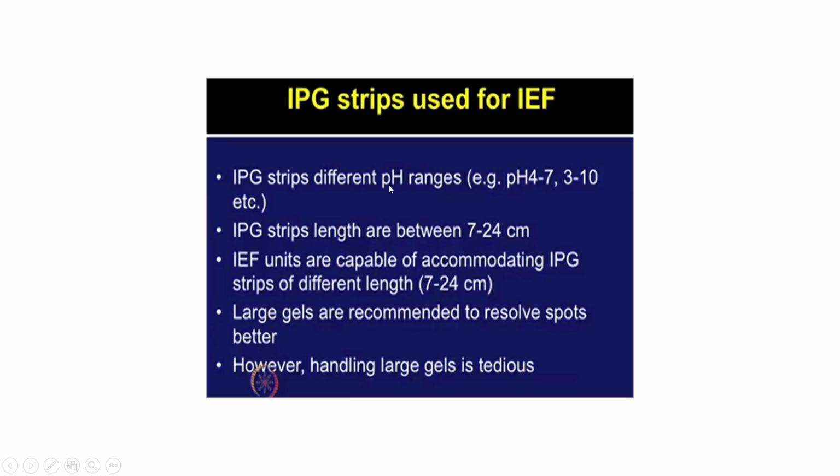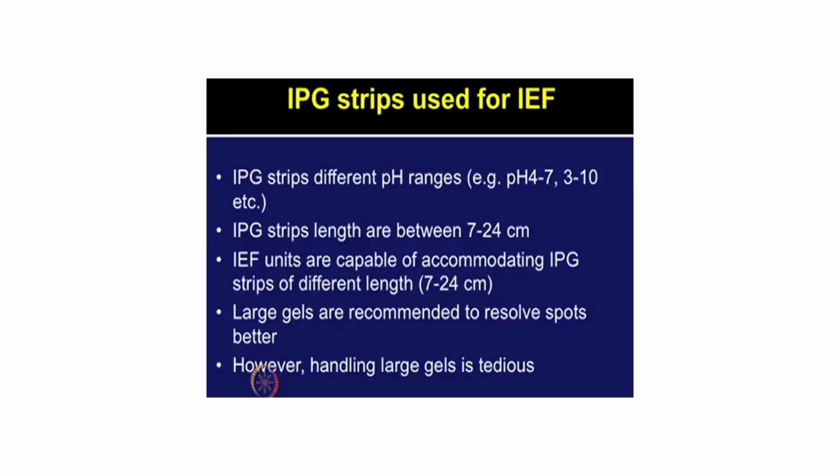Then IPG strips basically have different pH ranges. So depending upon the type of protein you want to analyze, different types of IPG strips are available, 4 to 7, 3 to 10. Depending upon your need, you can use that type of IPG strip. Different lengths are also available. If you have highly concentrated protein, a lot of protein, use the larger size so that it gets separated much more efficiently.